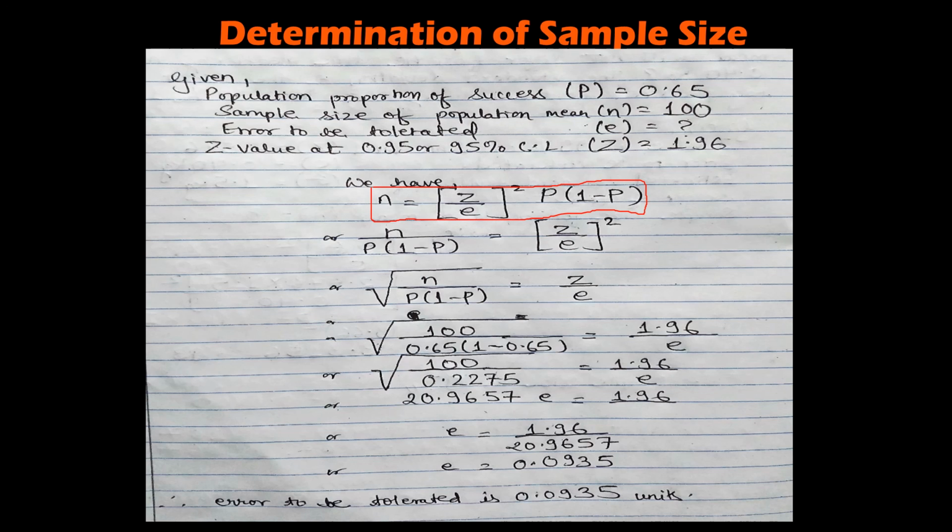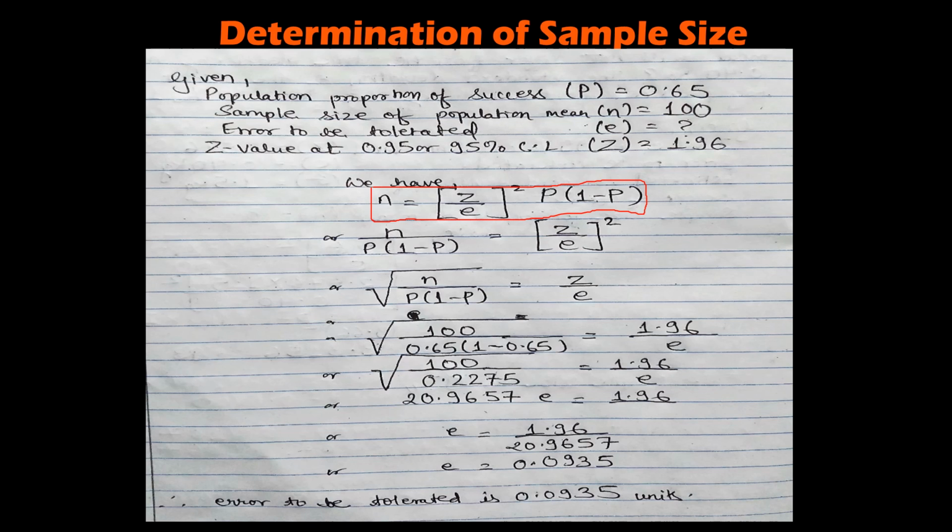So let's make it an equation. N upon P times (1 minus P) is equal to (Z upon E) whole square, and so we obtain this.